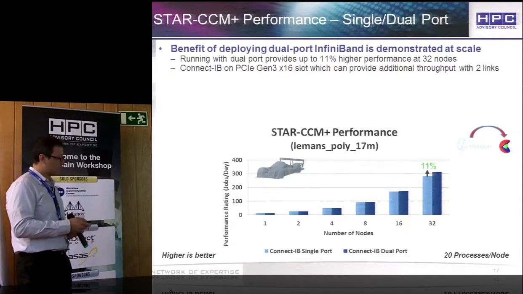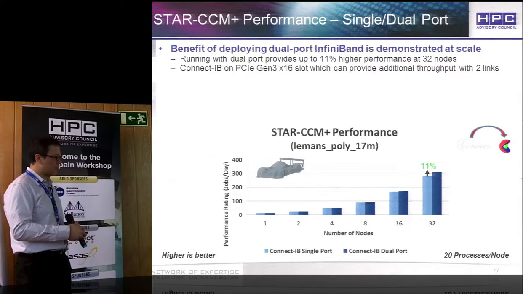Here at 32 nodes, we're able to see much more difference in communication improvement by using a dual port InfiniBand adapter compared to a single port. The difference is only apparent when you scale out to more and more systems. Up until 8 nodes, you probably don't see much of a difference. As you scale to more systems, somehow it improves performance.